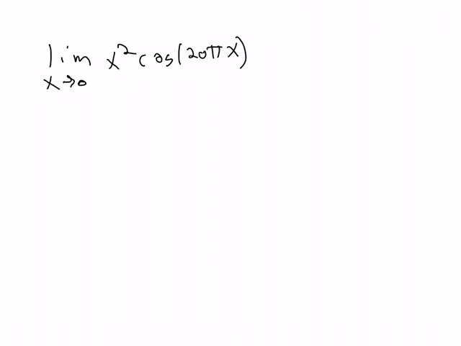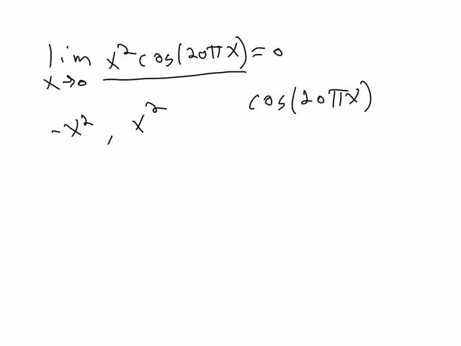They want us to show that this is 0 by squeezing it between negative x squared and x squared. And why is this squeezing this function? Cosine of 20 pi x is always greater than negative 1 and less than 1, because cosine is bounded by negative 1 and 1.